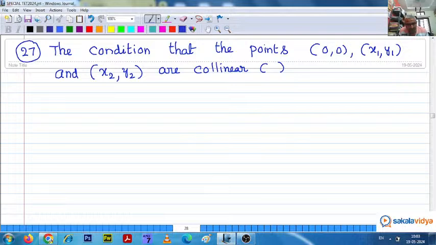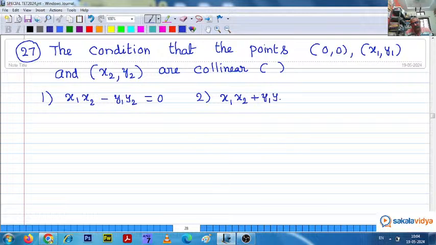So yes, Sai Kiran, absolutely correct your answer. First option is x1, x2 minus y1, y2 is equal to 0. Second option x1, x2 plus y1, y2 is equal to 0.